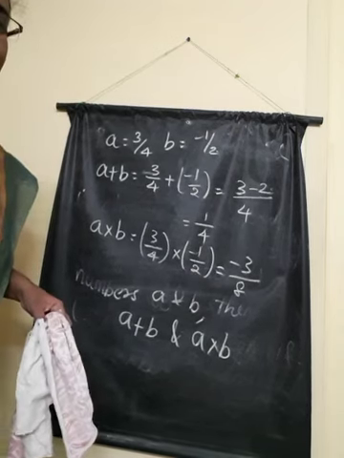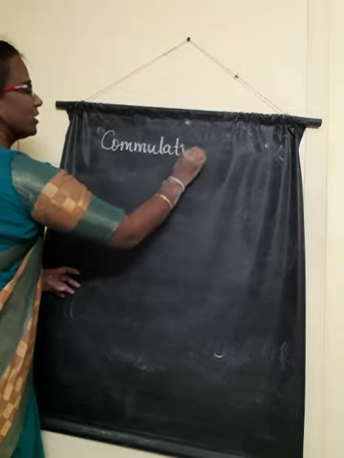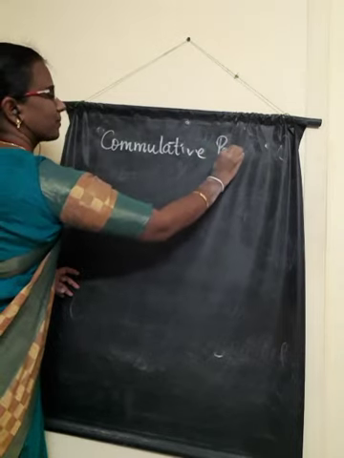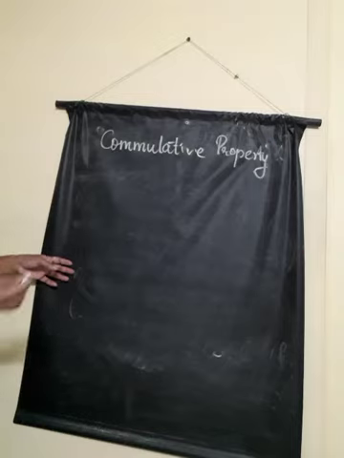Okay. So the next one is commutative property. What does commutative property mean?